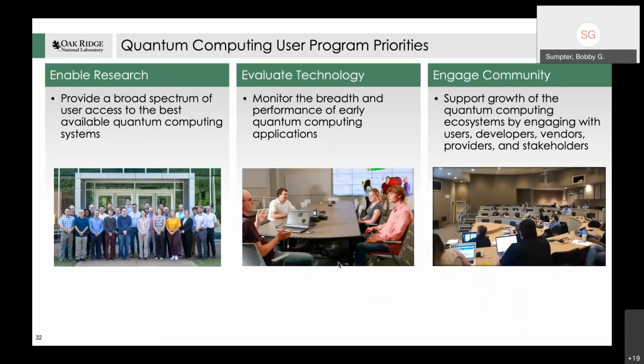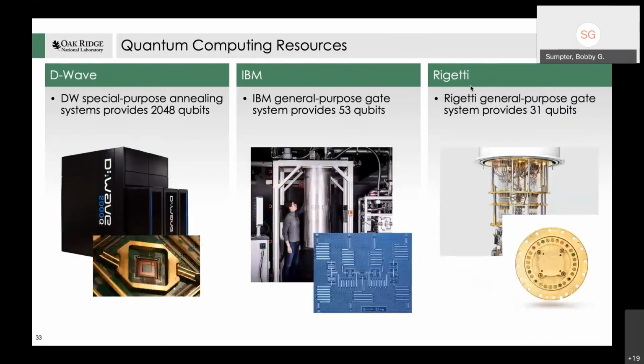Currently, our computing facilities at Oak Ridge National Laboratory offer resources and research capabilities, evaluating different technologies and generating new technologies in this area, and largely to support the community. So if you're interested in this area, I think there's a great resource at Oak Ridge that you can tap into. It allows you to look at and utilize, once you get a project, various versions of quantum computers that exist today, ranging from the D-Wave, which has 2048 qubits.